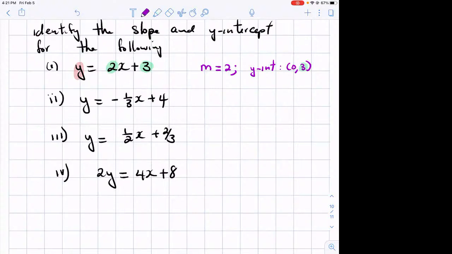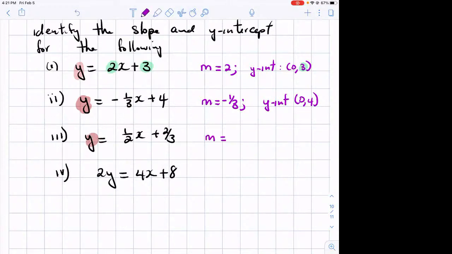In the second equation, y is by itself. Okay? Y is by itself. So I don't have to do anything. So m is equal to negative 1/3. Yes, the slope can be a fraction. And the y-intercept is 0, 4. In the third example, yes, y is by itself.